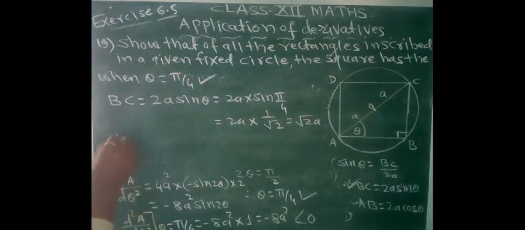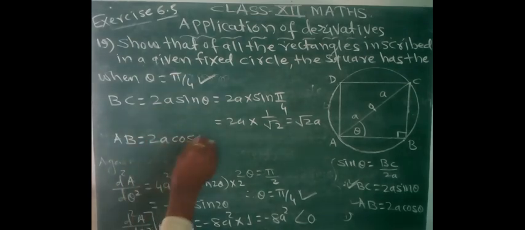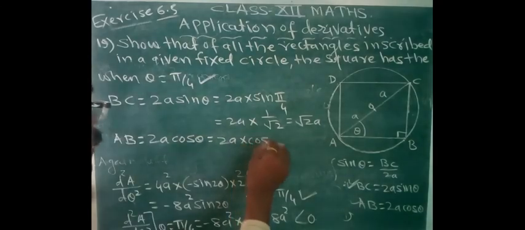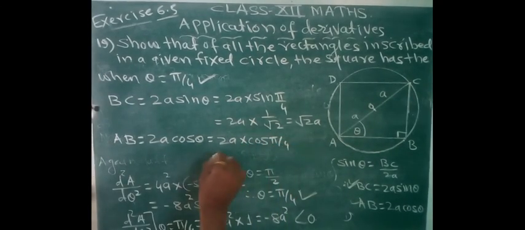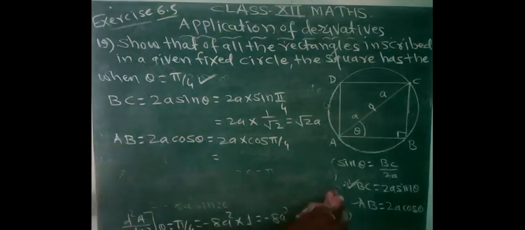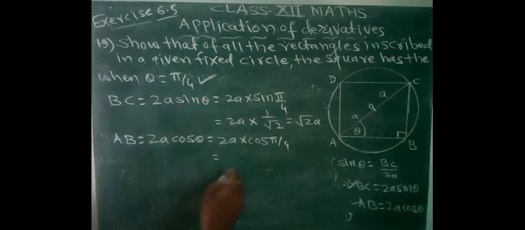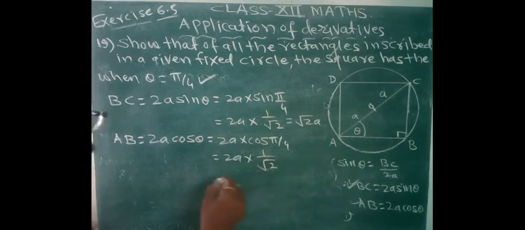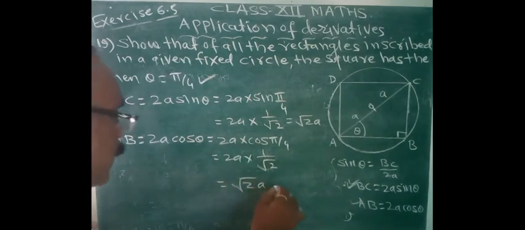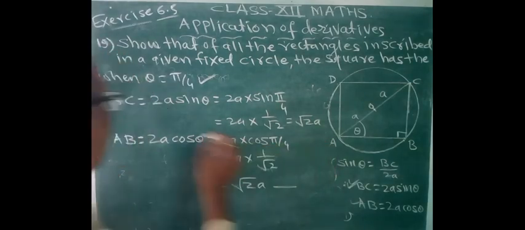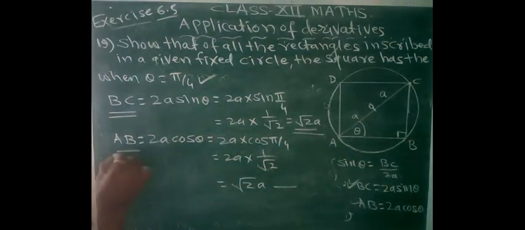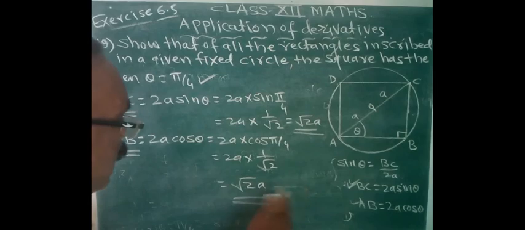And AB equals twice a cos theta, twice a into cos pi by 4, again twice a into 1 upon root 2, this is also root 2 a. So BC is root 2 a, AB is also root 2 a.